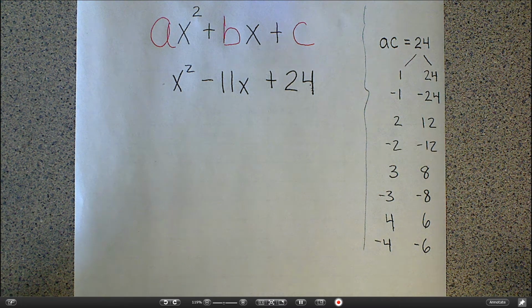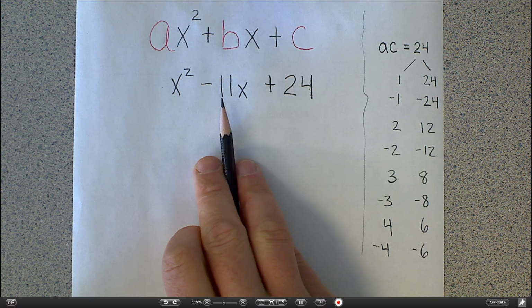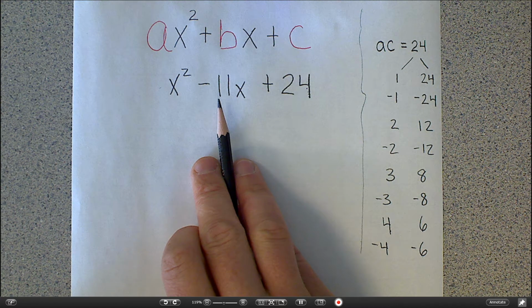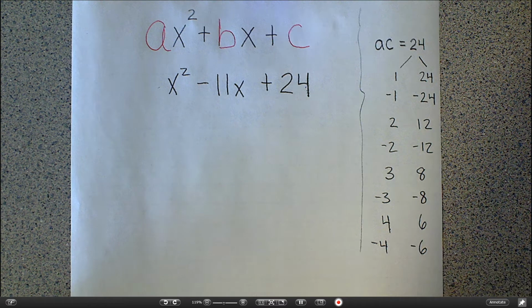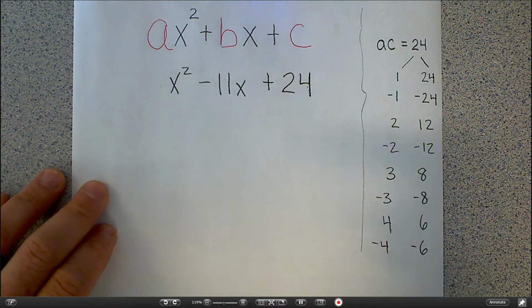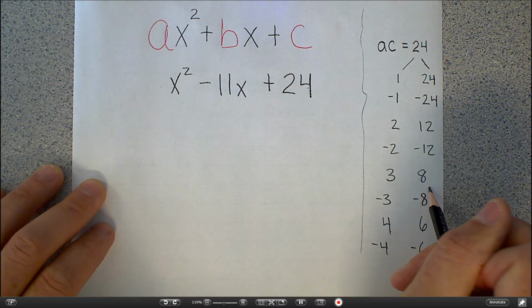Okay, so once I list my factors, and you'll get better at it with more practice, we're going to try to split this middle term. That's where it gets its name, splitting the middle. So I want to know how to split up negative 11 into some of these factors. And the pair of factors you guys picked out from Friday was this one.